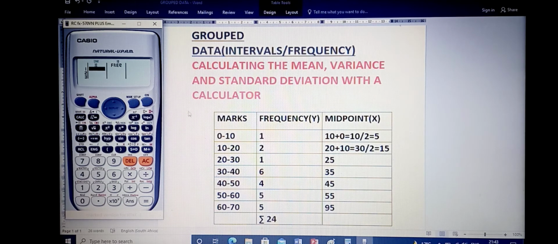Right, so number 1 is the X, so I'm going to fill in 5. Okay, so I press 5, right, and then I press the equal to button. Then the next one is 15, so I press 15 and then equal to. Then the next one is 25, and then I press equal to.